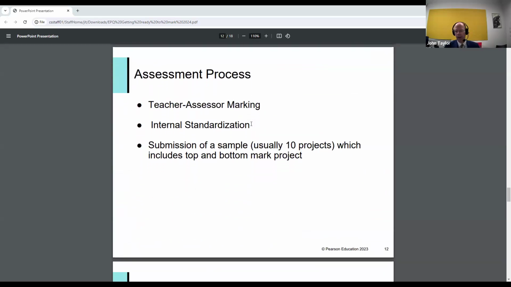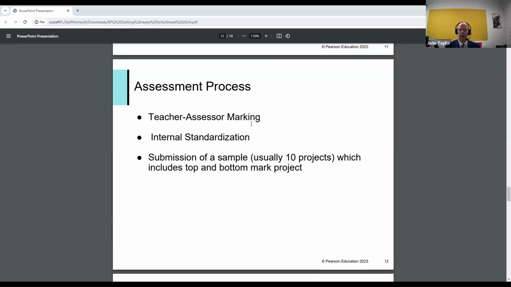So when we get to marking, let me just complete this section with a couple of comments about that. All projects obviously are marked internally by a teacher assessor, and then there needs to be a process of internal standardization. The awarding organization doesn't mandate how that happens, but we do mandate that it happens. So whether it's through cross-moderation or through appointing somebody who will sample from the cohort, there needs to be some process that's followed to ensure that a common standard is applied to the whole cohort.